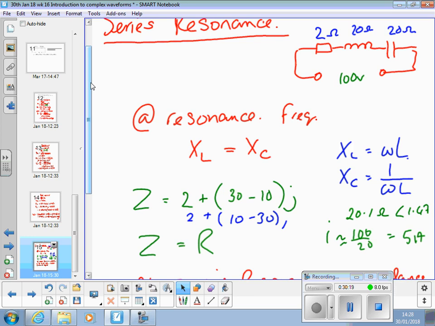But those components might not be designed to take that 1000 volts. The capacitor working voltage might not be 1000 volts. The inductor might not be designed to take that 50 amps through its windings that flows at the resonant frequency.